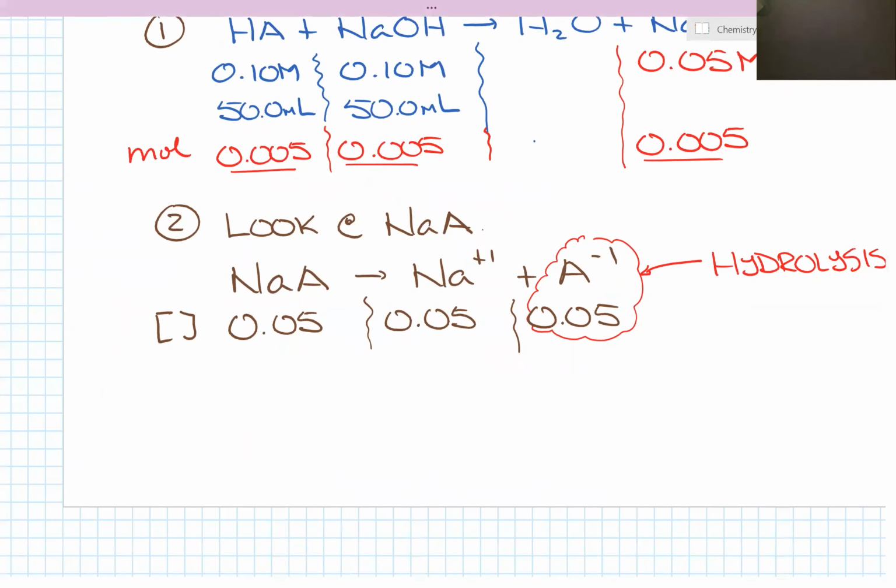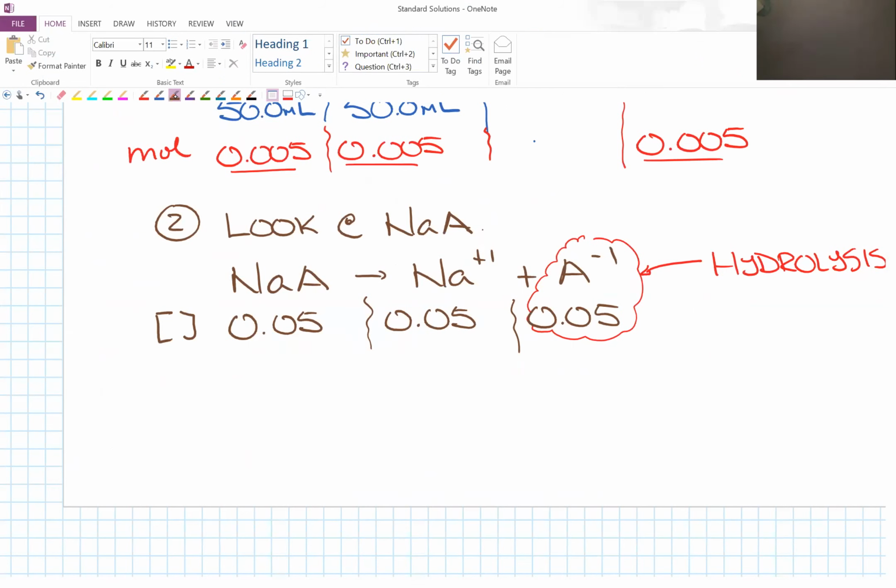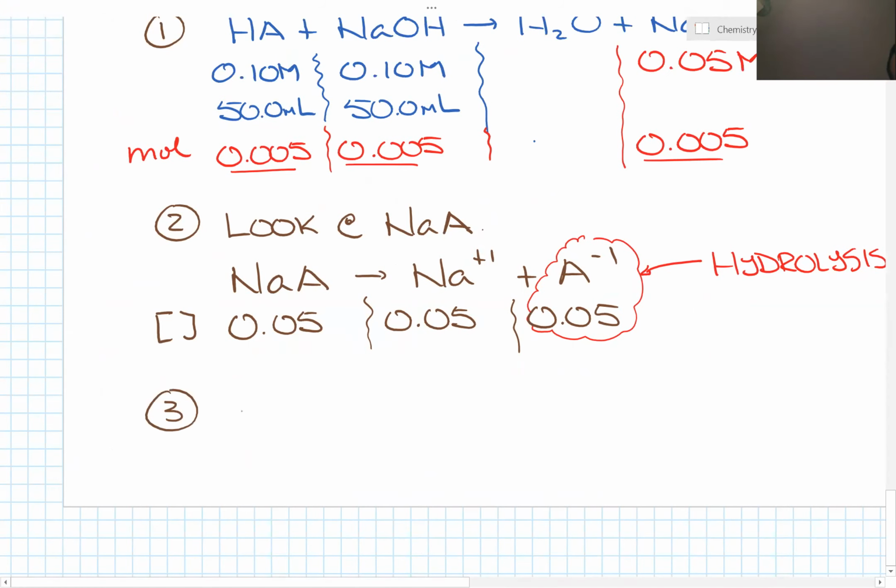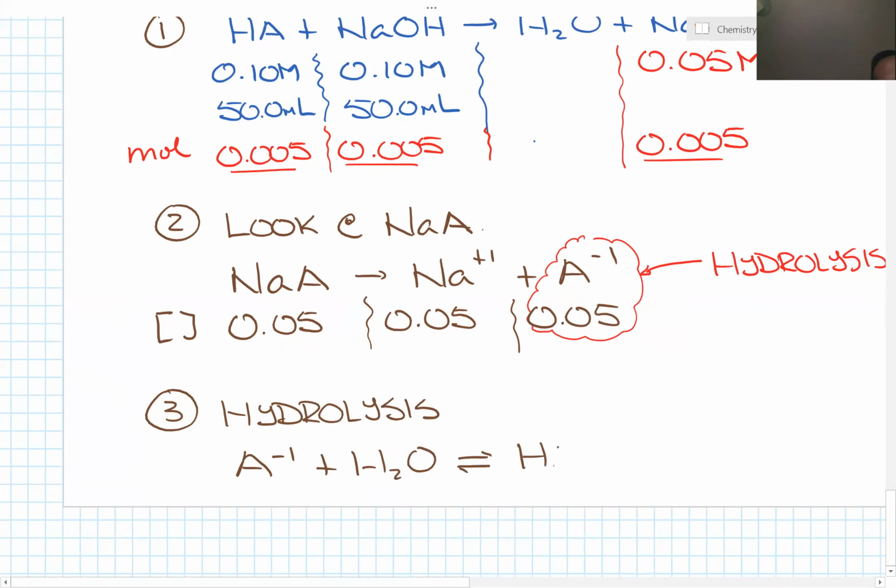So for step number 3, we do hydrolysis. We have A minus 1 plus water in equilibrium with HA and OH minus 1.